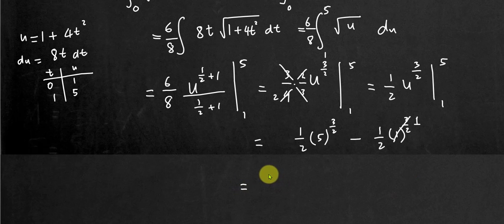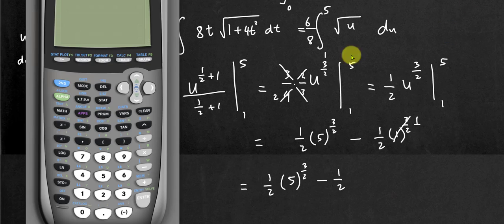So I have 1/2, and then 5 to the 3/2, and then minus 1/2. And let's just multiply everything here and subtract 1/2.